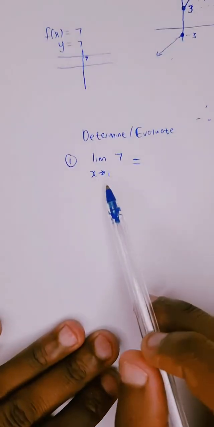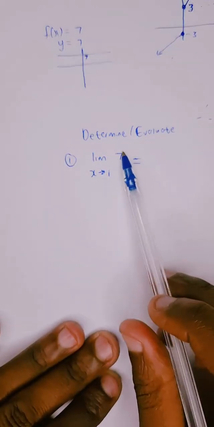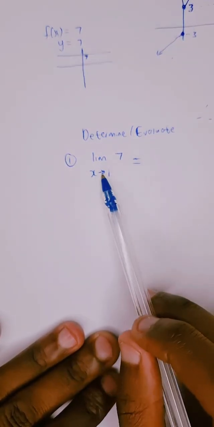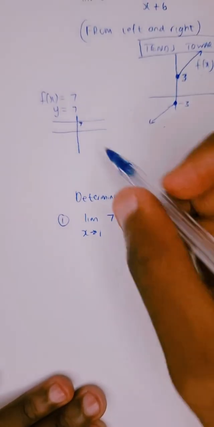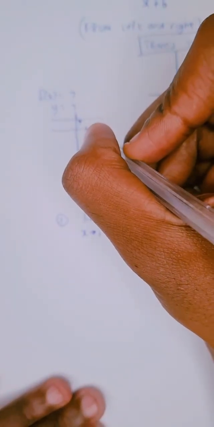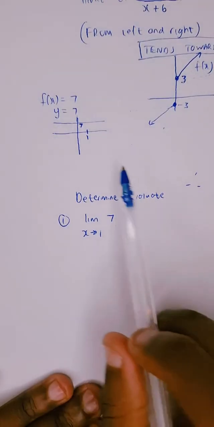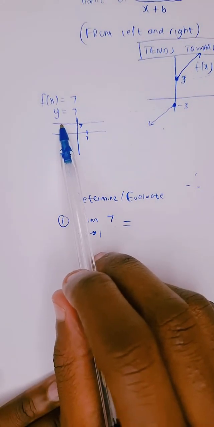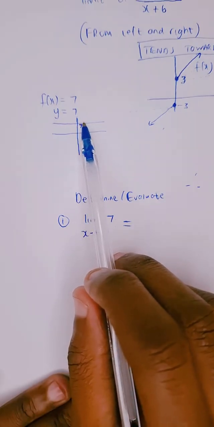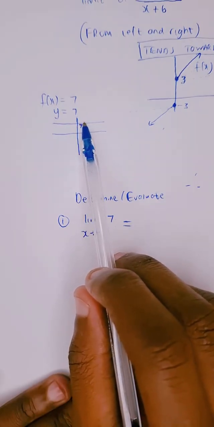So the question being asked here is, what is the limit of this function as x approaches 1? The value of 1 for x is here. The question is, what happens as we approach 1 from the left? What is the y value?